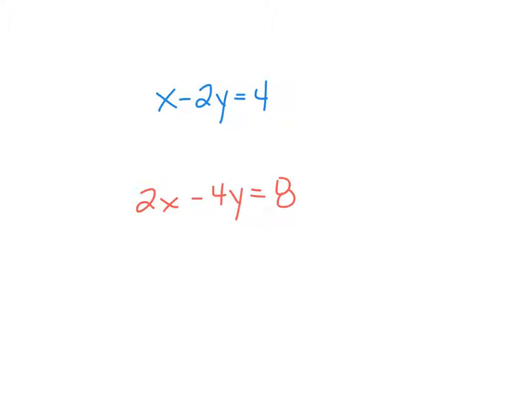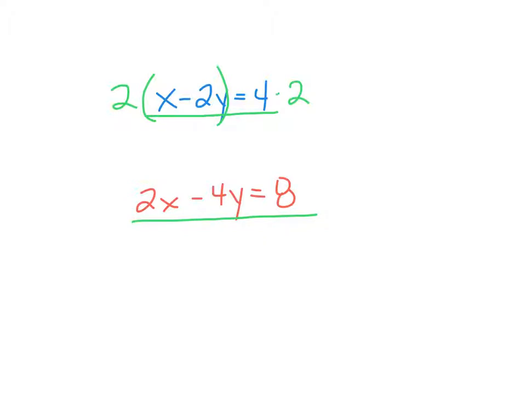We can really show that these two equations were the same if we just take a look at the two equations and see what we have. That first one, x minus 2y is equal to 4. If I wanted to, I could multiply both of the sides by the same number. And if I chose to multiply both sides by 2, let's say I chose to multiply this side by 2, then I could also multiply this side by 2.